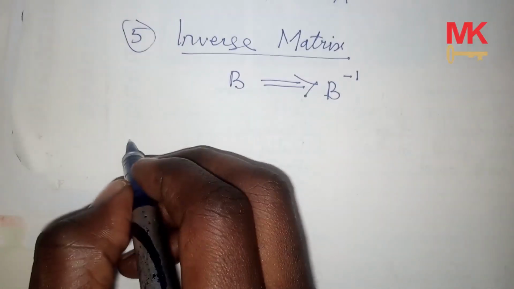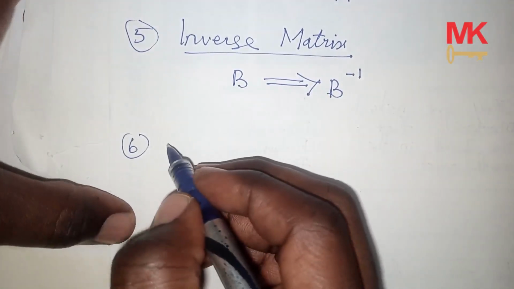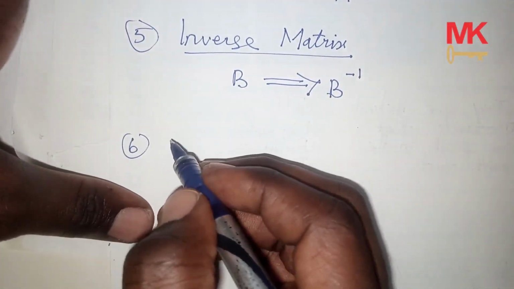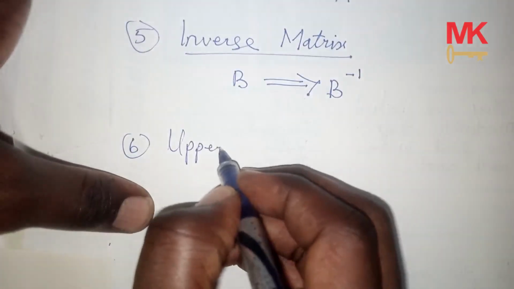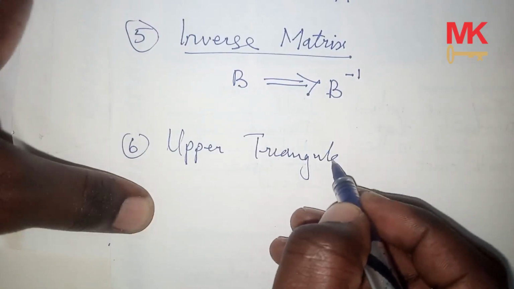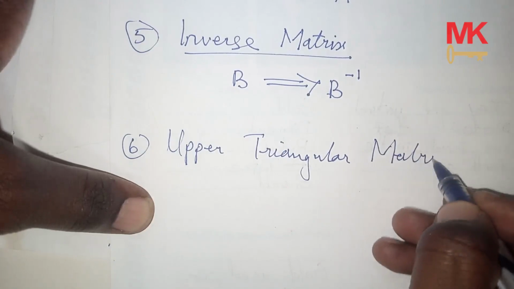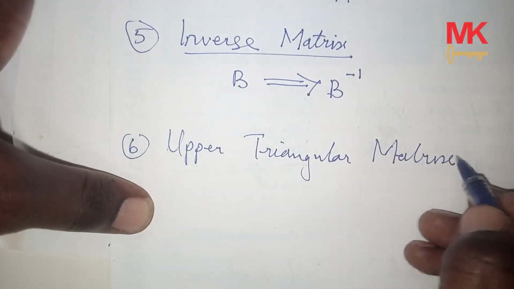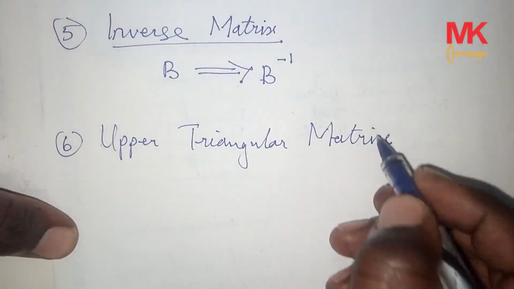Second to the last, we have what we call the upper triangular matrix. These are the types of matrices in your handout, so just look carefully. The upper triangular matrix is a very simple type of matrix, so I won't waste time on this.